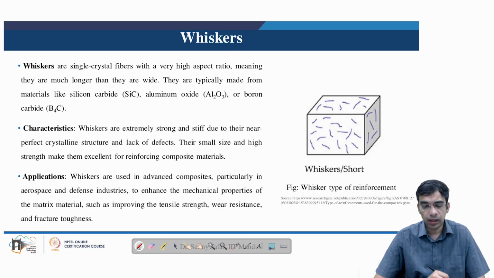Whiskers are extremely strong and stiff because of their near perfect crystalline structure and lack of defects. Furthermore, their small size and high strength make them excellent in reinforcing composite materials.